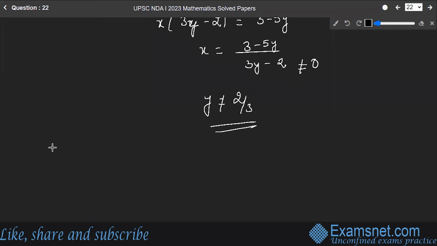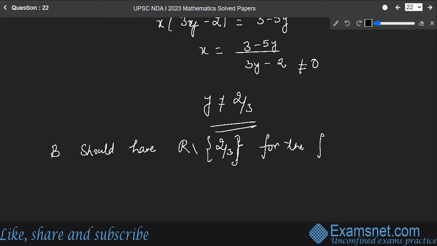So therefore, B should have all the real numbers except 2 by 3 for the function to be well defined and onto as well.